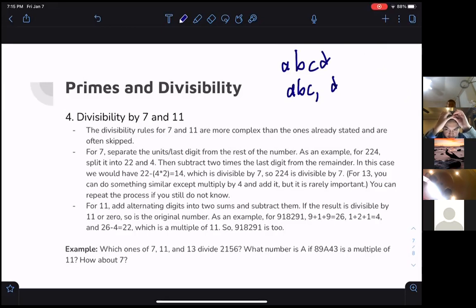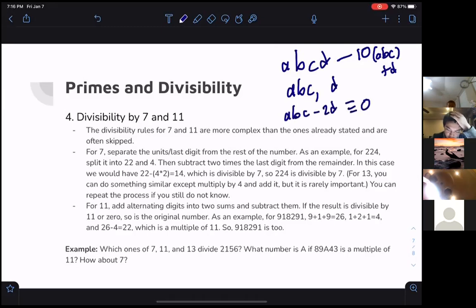In this case, it is important to write that this number is 10 times ABC plus D. And what we're claiming is that if ABC minus 2D is 0 mod 7, then this is 0 mod 7. Okay, so how do you get from here to there?